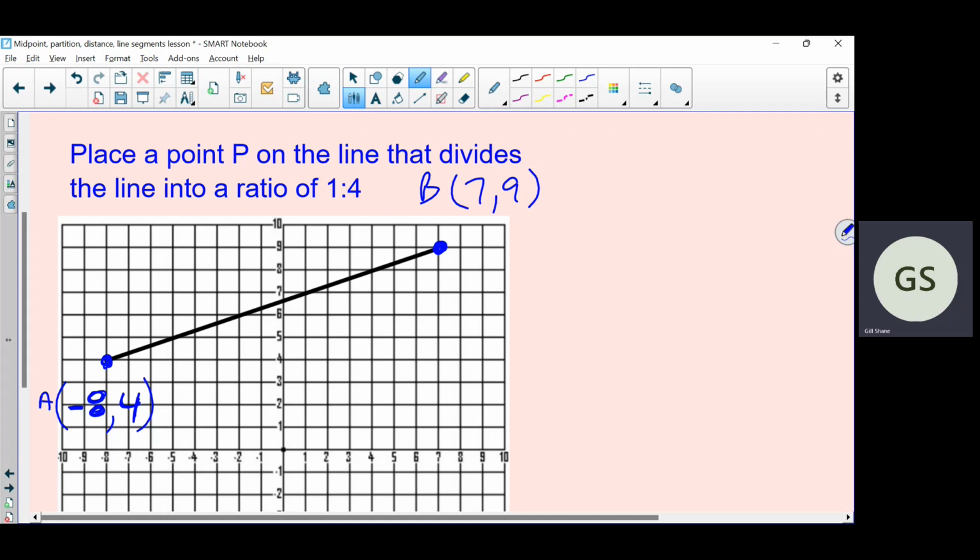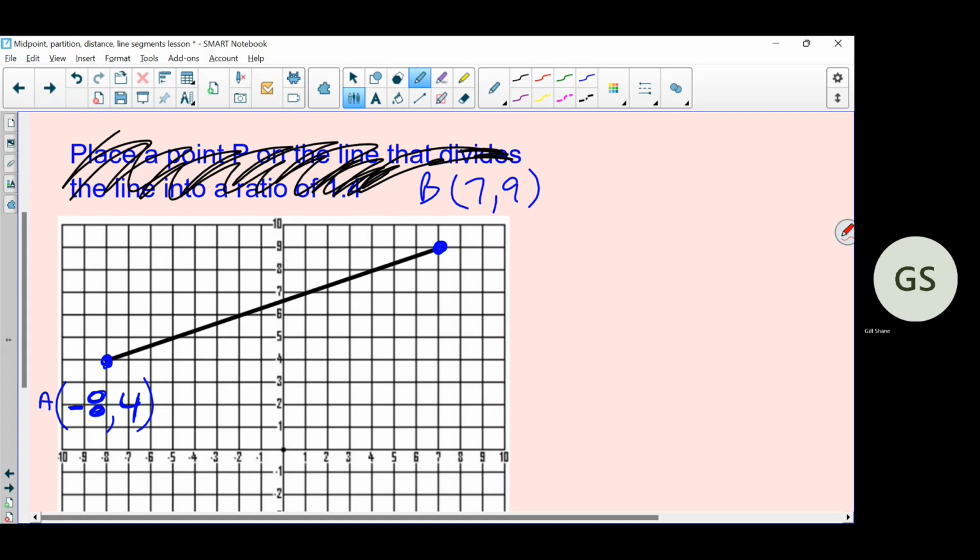This is actually the one I use for the partitioning lesson. So I say in the problem, find point P, and I'm going to make this a lot more difficult for this one than it is even on the quiz.